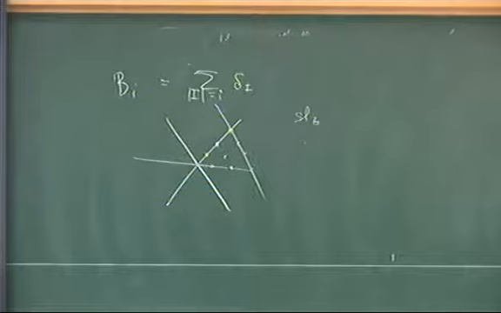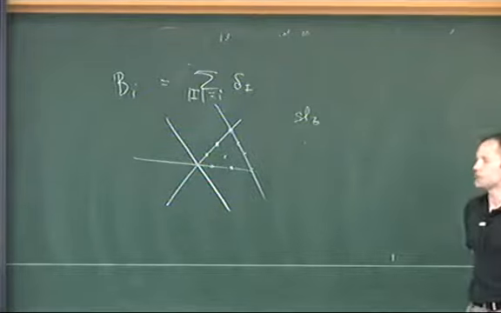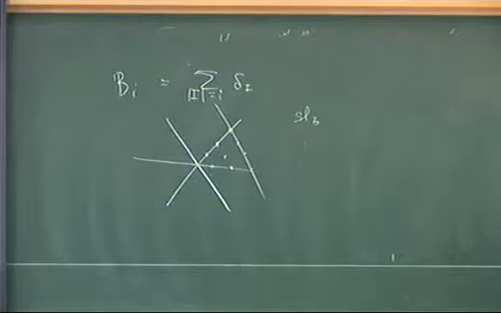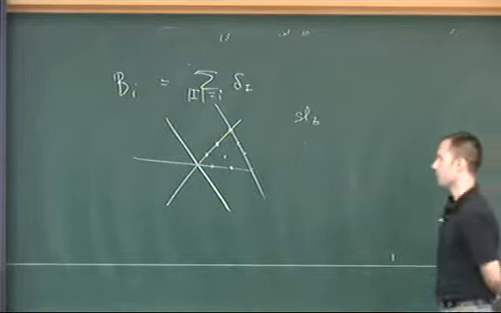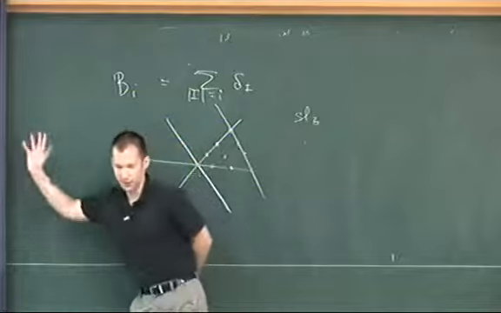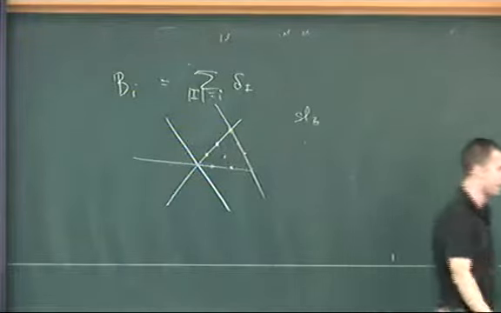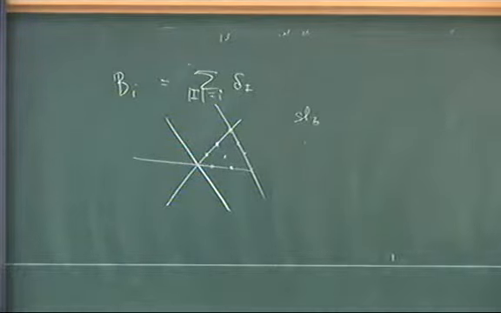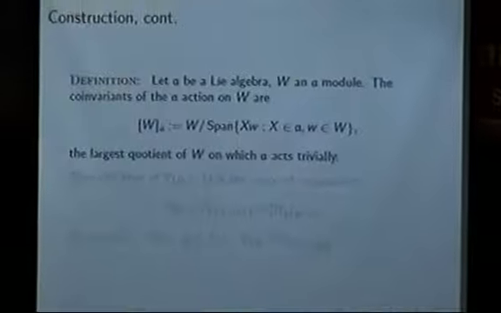Then Tsuchiya, Ueno, and Yamada go on to define an action of G tensor O of U on this module H lambda. I have very little to say about this formula except that it's completely explicit. So we have an action of this Lie algebra on H lambda. I need to recall one more definition.